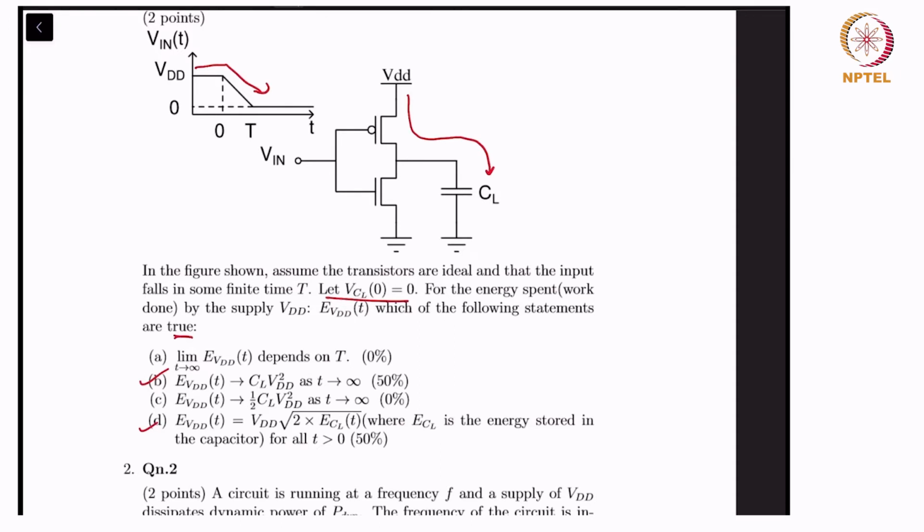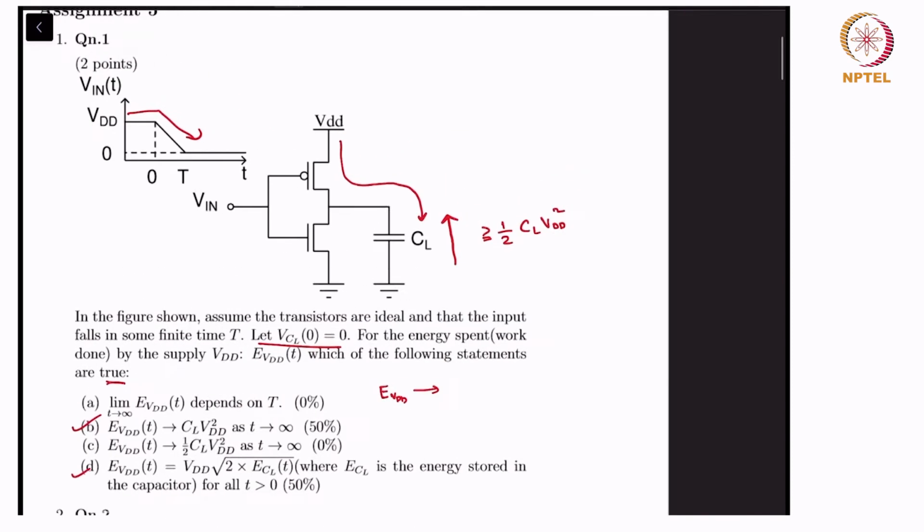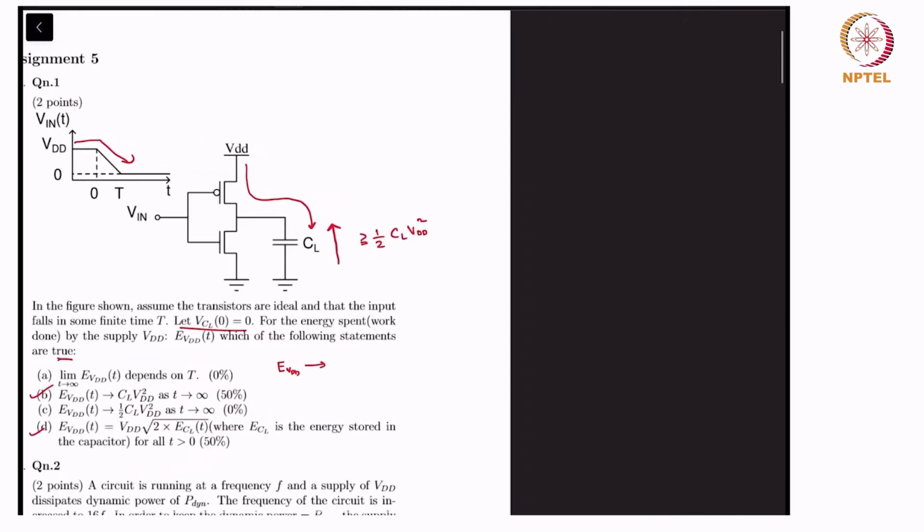For one thing, we know that the energy supplied by VDD, because this capacitor now charges up to VDD, the energy involved will be greater than or equal to half CL VDD square. But of course, if you work out the math, you can work it out as follows.